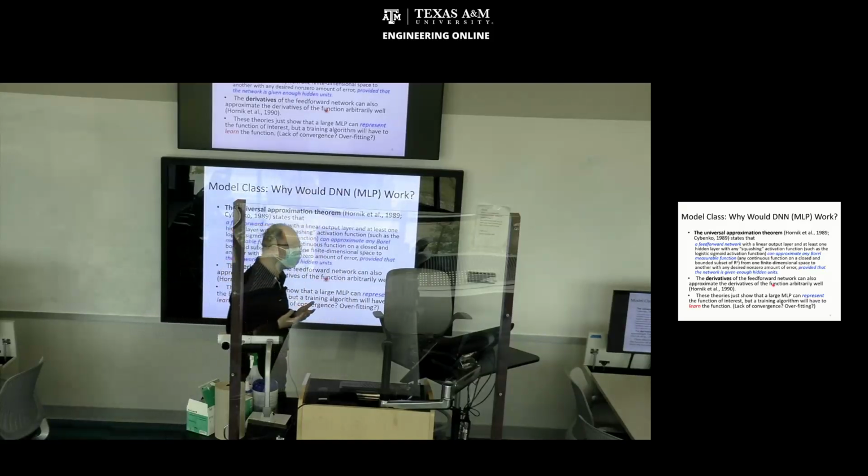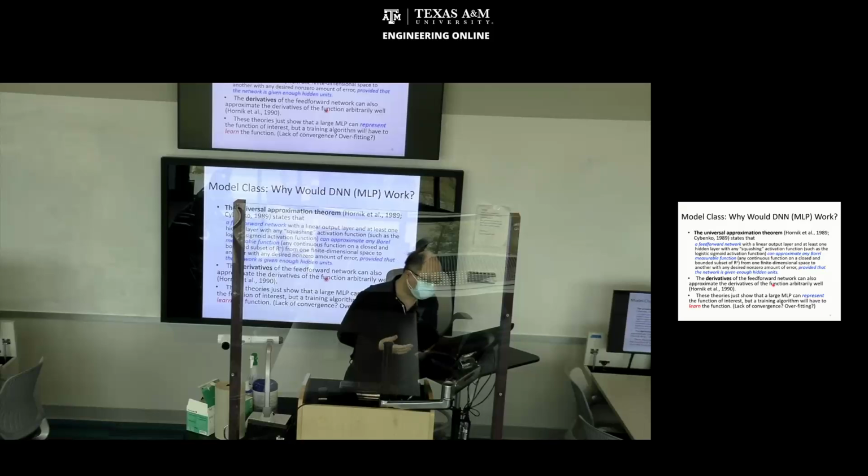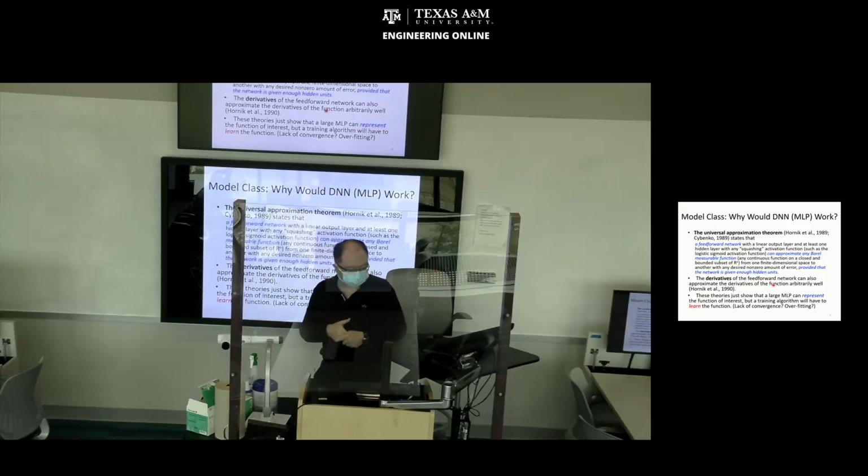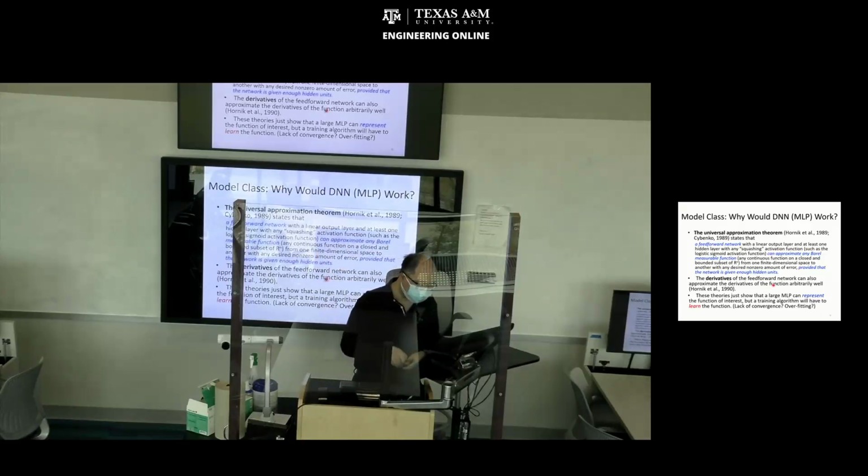There are two approximation theorems for you to understand. The first series of papers, in 1989, stated the following universal approximation theorem, which says that a feed-forward network with a linear output layer and at least one hidden layer with any squashing activation function, such as the logistic sigmoid that you have seen before, can approximate any Borel measurable function.